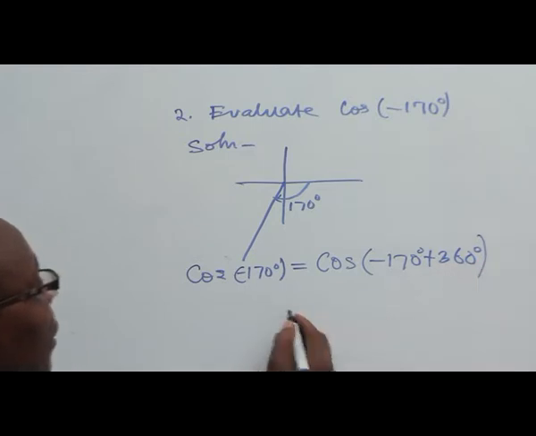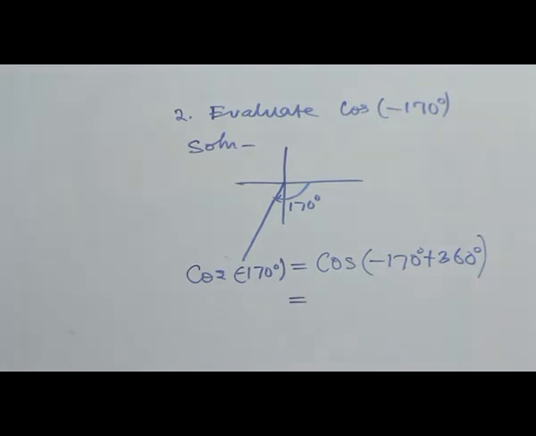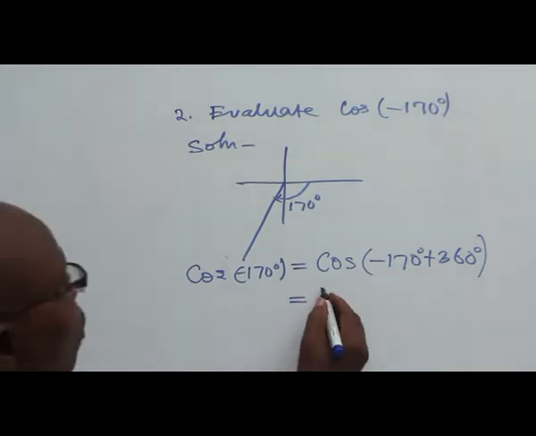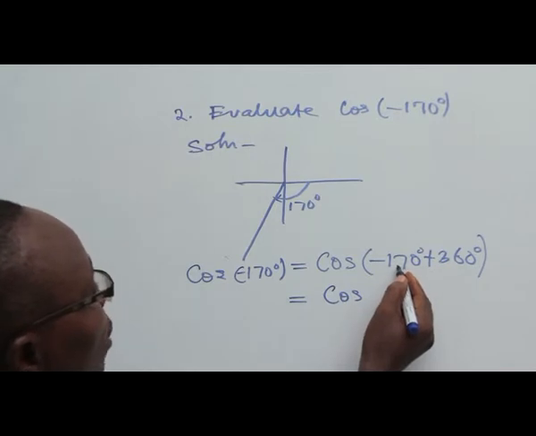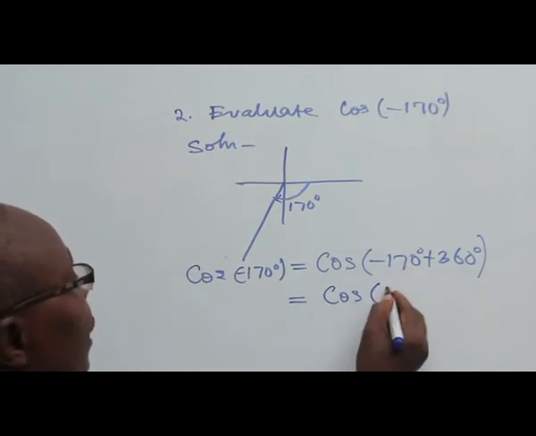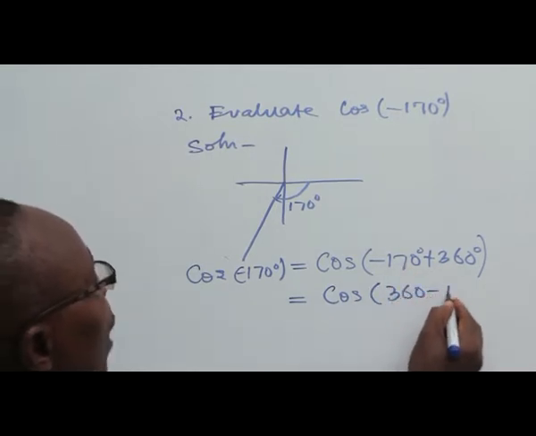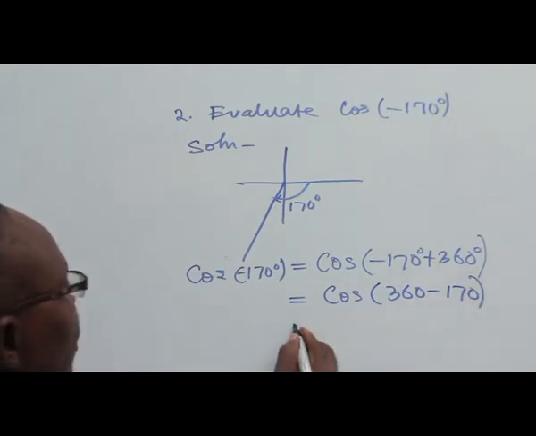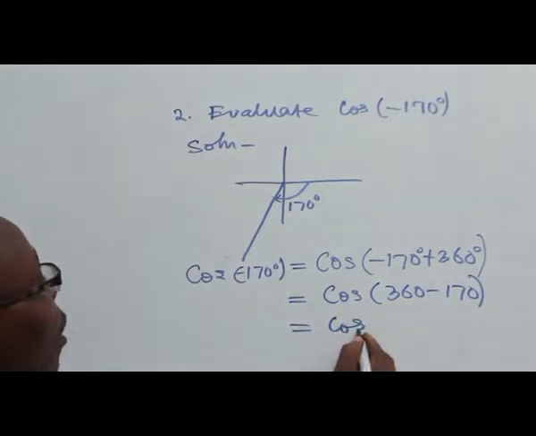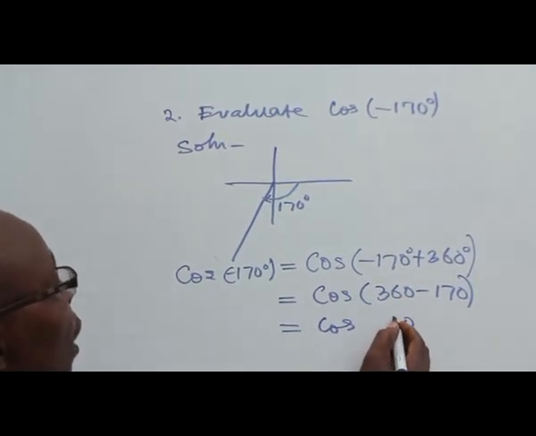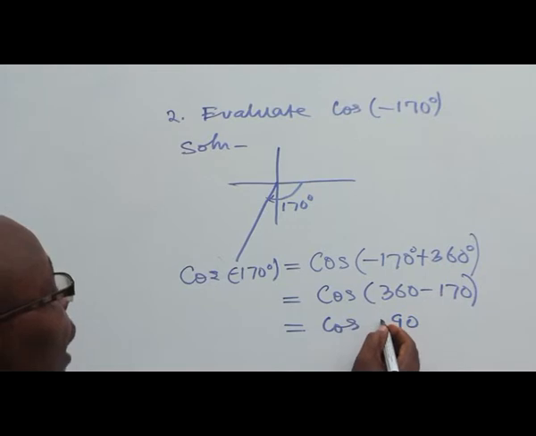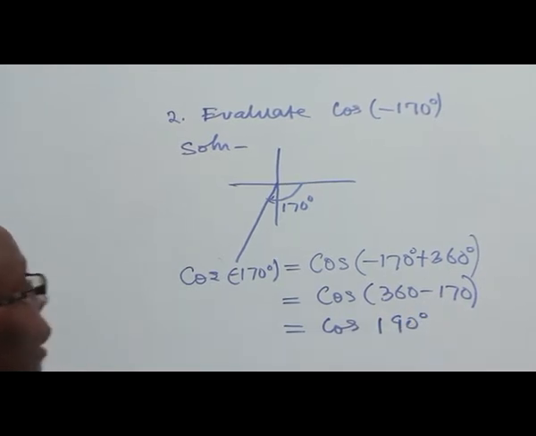Now when you add this to the minus 170, you will have made it positive. So let's just add this. So what will you have? You now have cos. It's like subtracting 170. If you like, you can write it as 360 minus 170. In other words, this becomes cos 190 degrees.